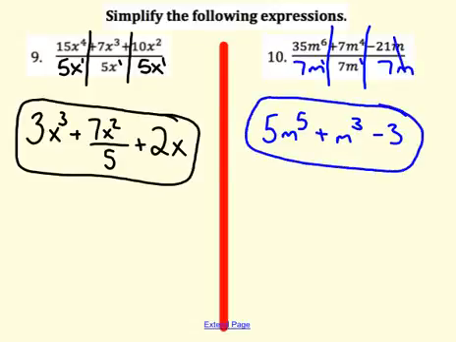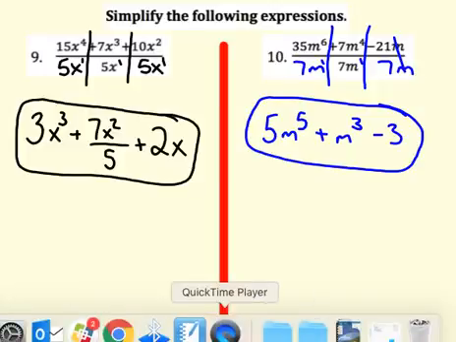Notice no like terms there. Nothing else we can simplify. So that is division, long division I guess you could say too, just division of a polynomial by a monomial. So those are all vocabulary words, polynomial and monomial, but you should be able to simplify. Thank you for listening.